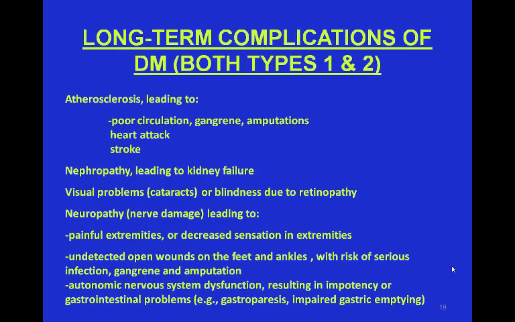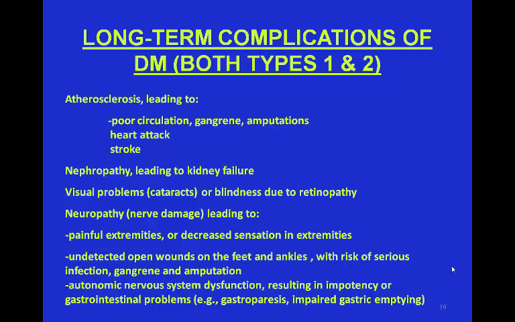No matter which type of diabetes an individual would have, the long-term complications of the disease are identical in both types. Atherosclerosis is one of the main complications of diabetes. What that means is it's deposition of cholesterol deposits in the arteries.